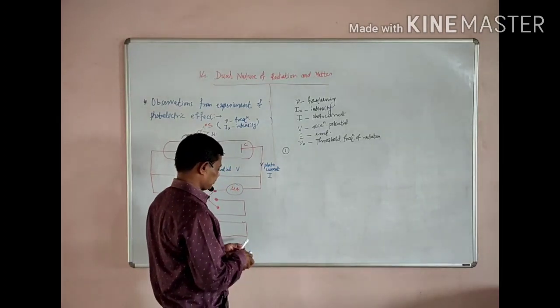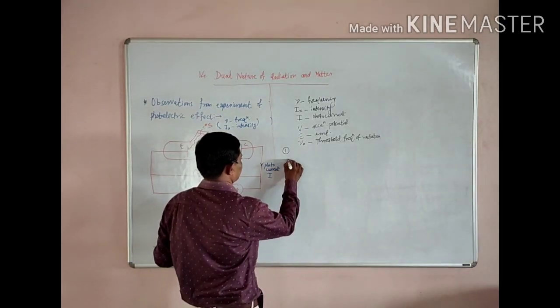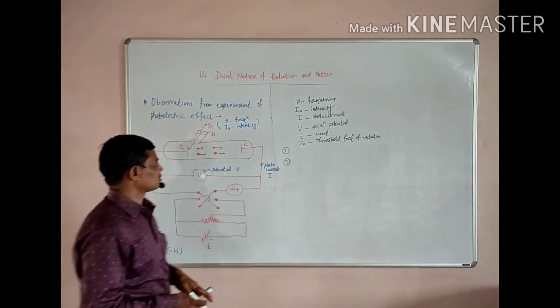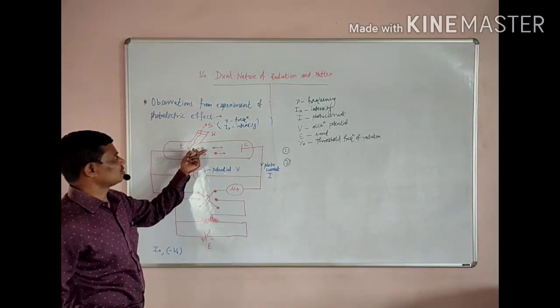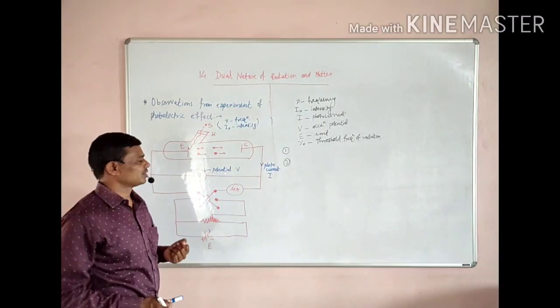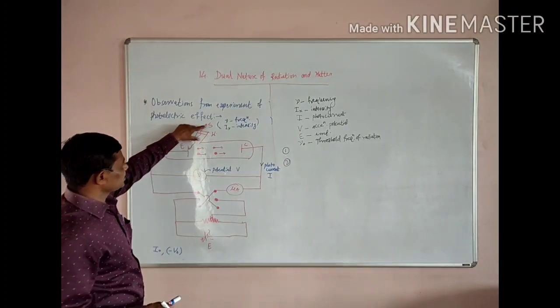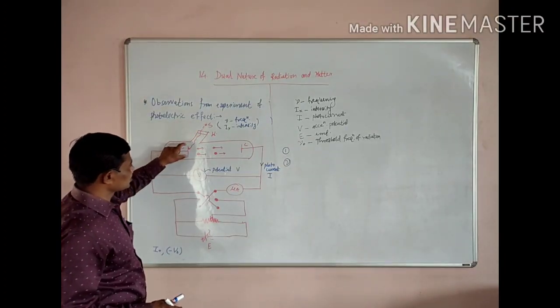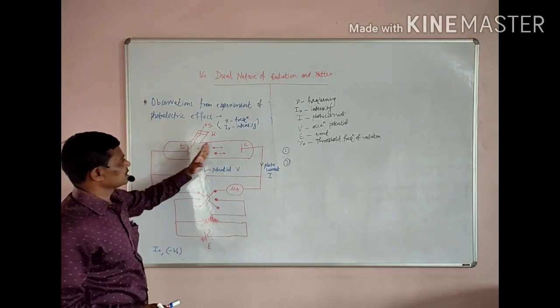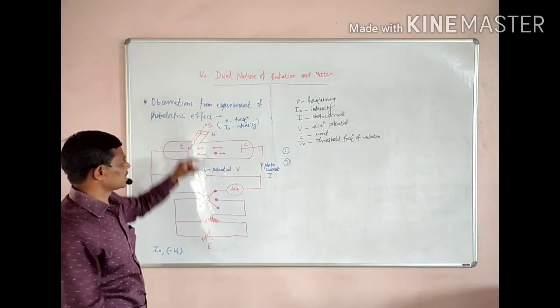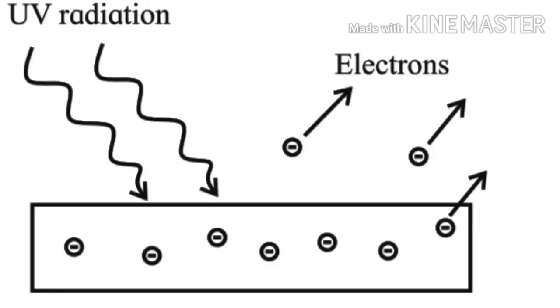Second, this is the emission of electron process, or photoelectric emission process. When radiation falls on the emitter plate, electrons are emitted suddenly. That means as soon as radiation falls on this metal plate, the electrons are instantly emitted from the emitter plate.